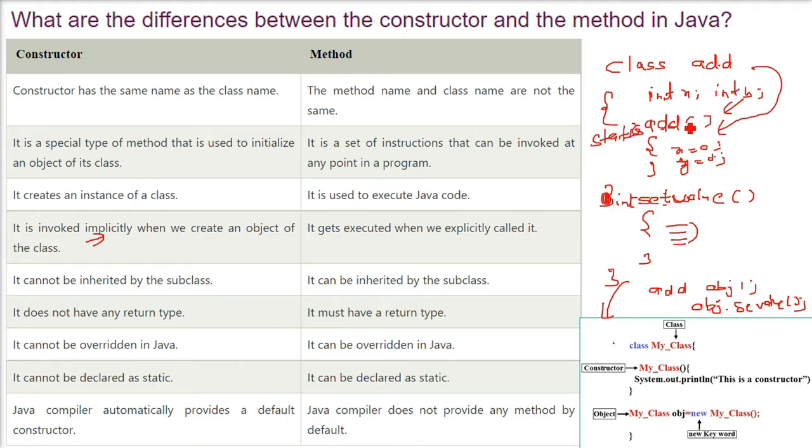It can be declared static, but constructor cannot be declared static because you have not created it. It is the programming language which has given it to you. The Java compiler automatically provides a default constructor, which I have been telling you. For methods, the Java compiler does not provide any method by default. You have to make set value. You have to make get value to get it.